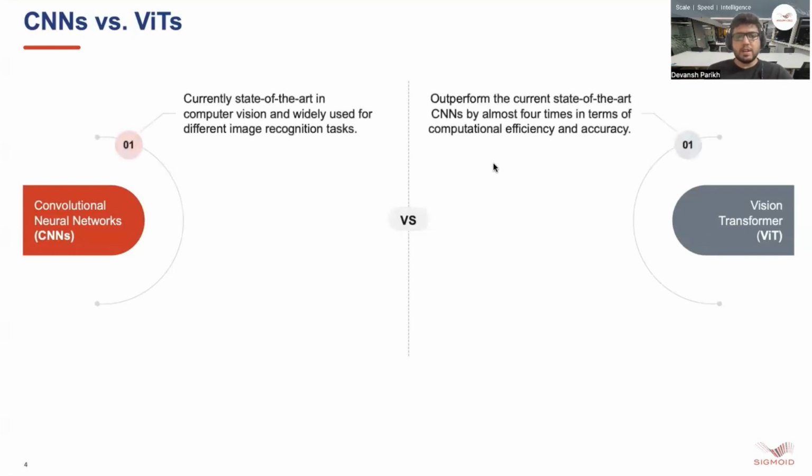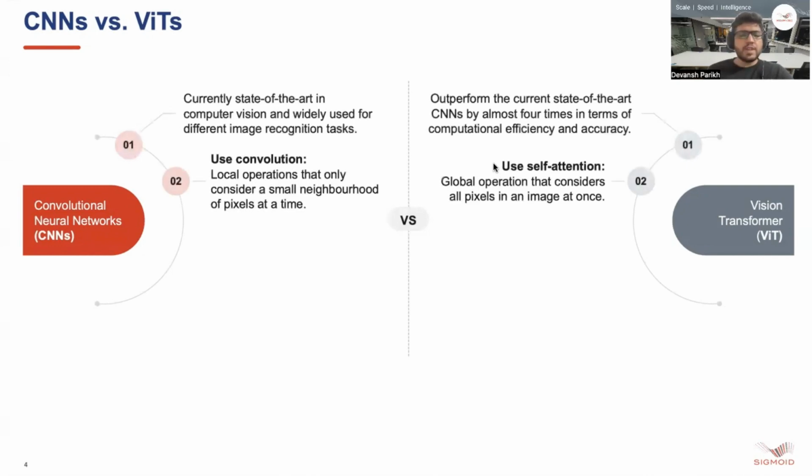Currently, a lot of the state-of-the-art models being used are CNNs like ResNet, AlexNet, etc. We have seen that vision transformers have outperformed those CNN models by almost 4 times in terms of computational efficiency and accuracy. One of the downsides of CNNs is that due to the convolutional process, they are only able to capture local relations between the pixels, while since vision transformers use self attention, it is a much more global operation that considers all the pixels in the image at once.